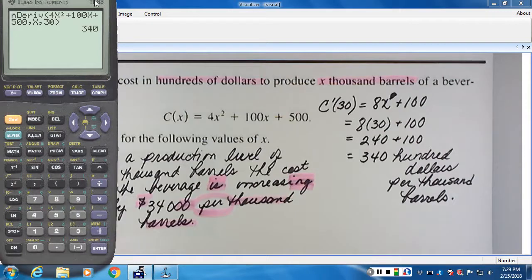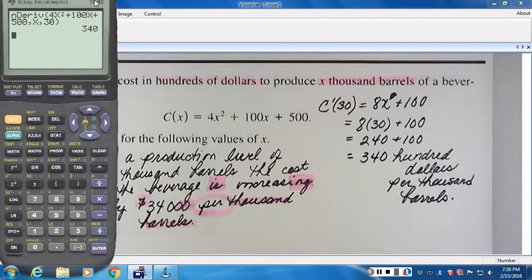If we said between 5,000 and 30,000 barrels, then we would say that the average rate of production between 5,000 and 30,000 was so many hundred or so many $1,000s per barrel. Okay, because that's over an interval. Because this is a single point in time, then the correct verb is it is increasing, or had it been negative, it is decreasing.